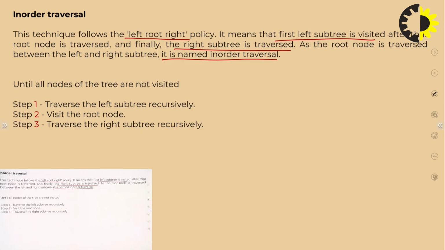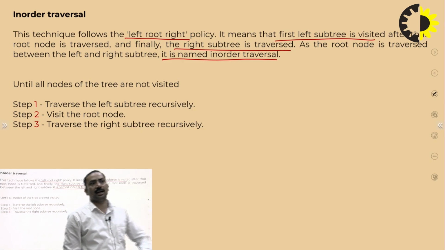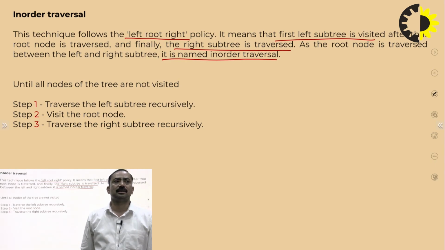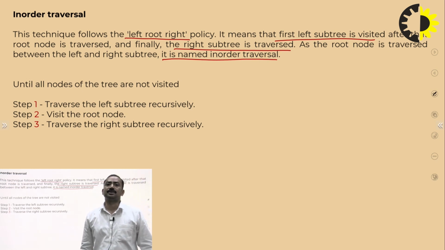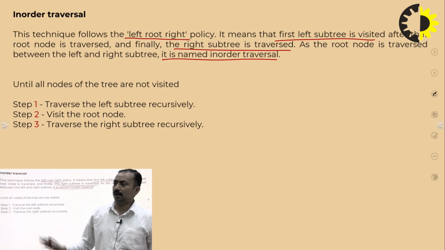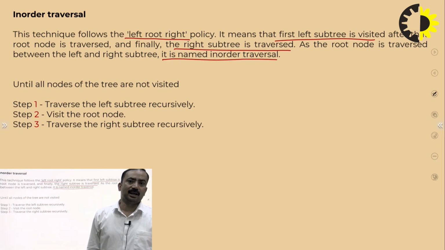There are some applications of in order traversal, to get the BST, binary search tree, nodes in increasing order. We will discuss binary search trees in the future, where in order traversal is helpful to get the nodes in increasing order.